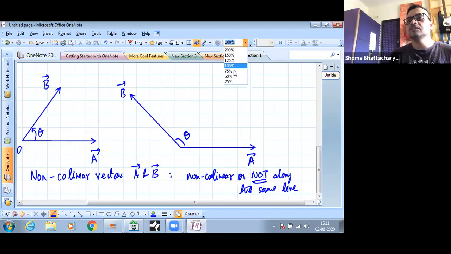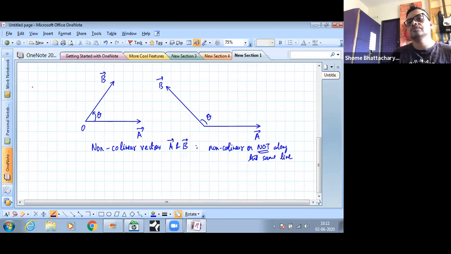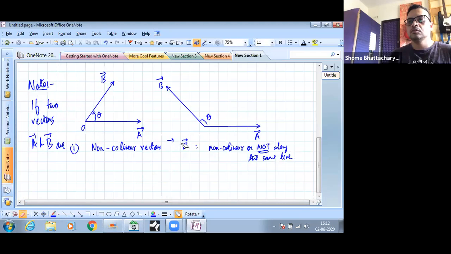So the important thing here is that whenever we are looking at two non-collinear vectors, if two vectors A and B are non-collinear vectors, the non-collinear also means they don't lie on the same line.